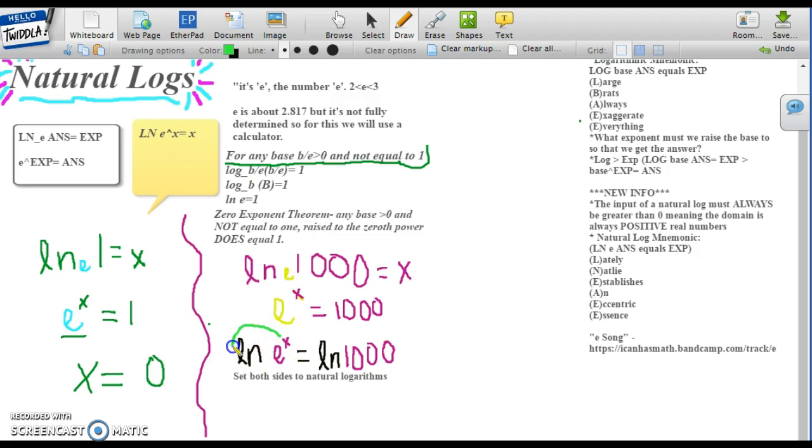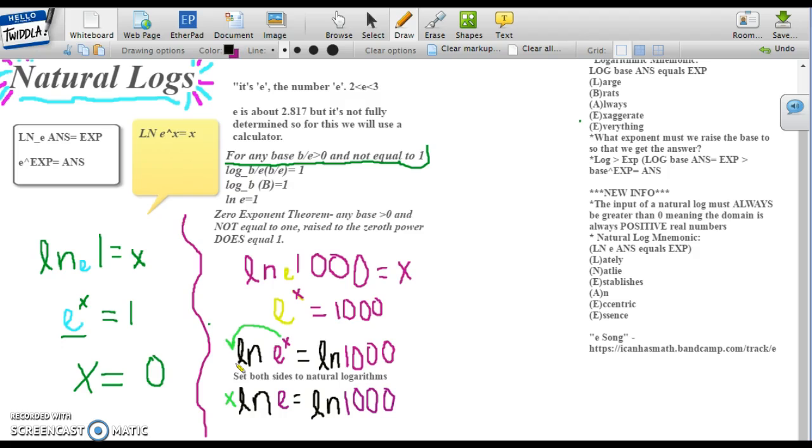So you're going to want to bring it down in front of the natural log. That way it reads x times the natural log of e equals the natural log of 1,000.